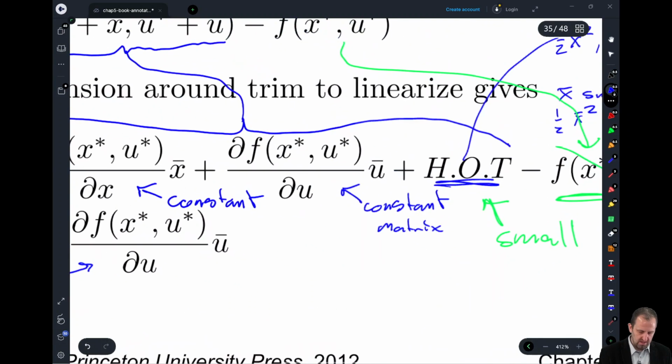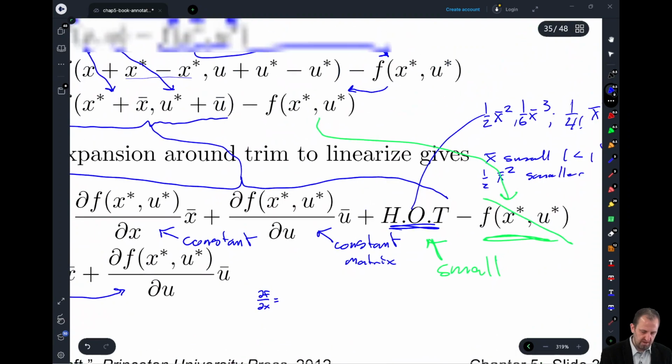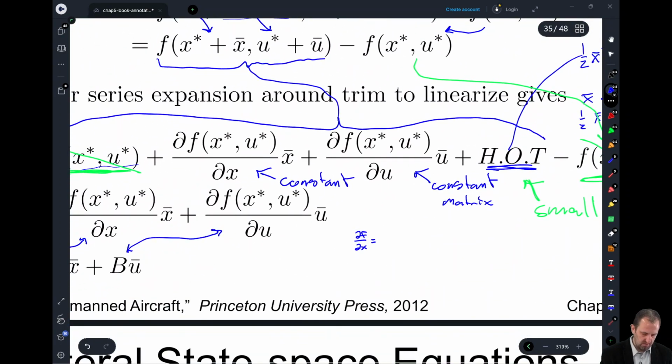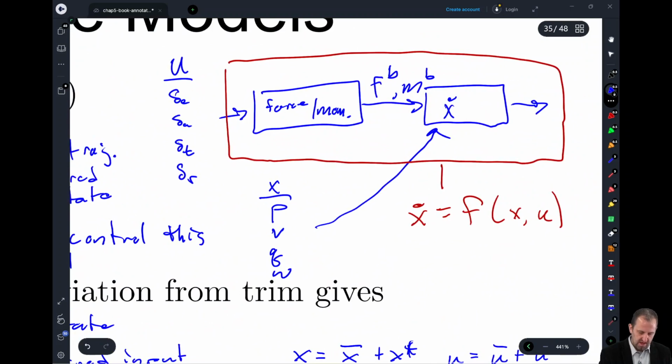Now I want to jump in and talk about what df dx is. Well, first, if we come up here, we can note that when we talked over here, f is equal to x dot.